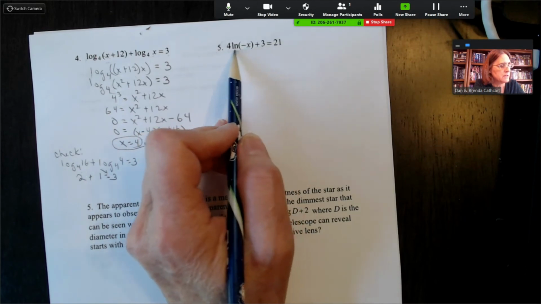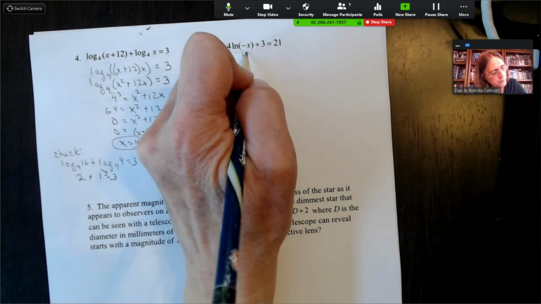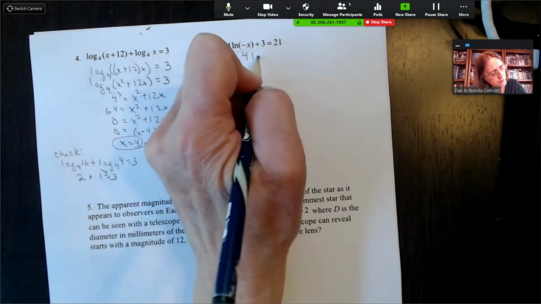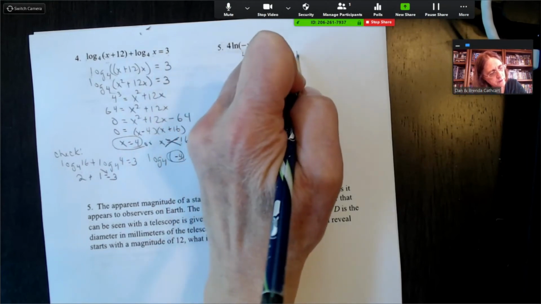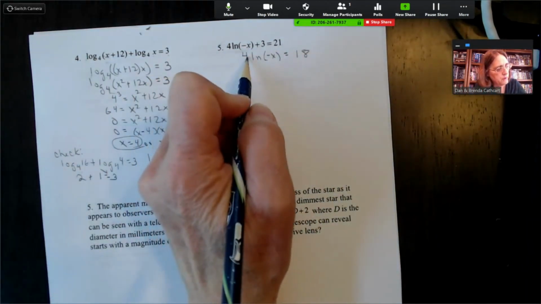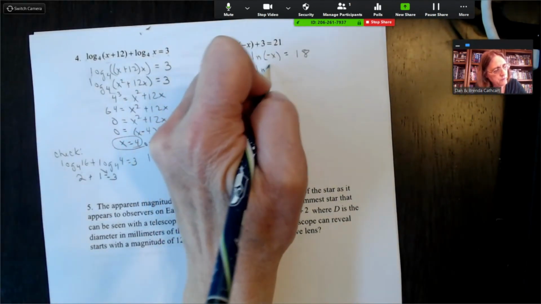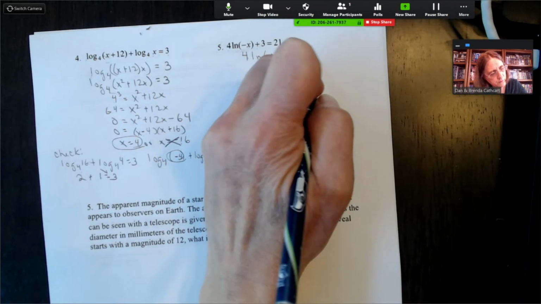Okay, in our last example, we have a single log, but it's not by itself. So we're going to get this single log by itself first by subtracting 3 from both sides. So 4 natural log of negative x is equal to 18. Then we're going to divide both sides by 4. So the natural log of negative x is going to equal 4.5.